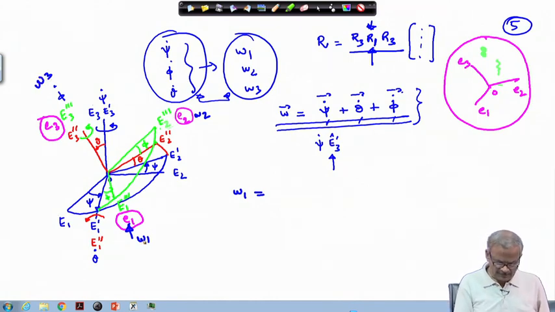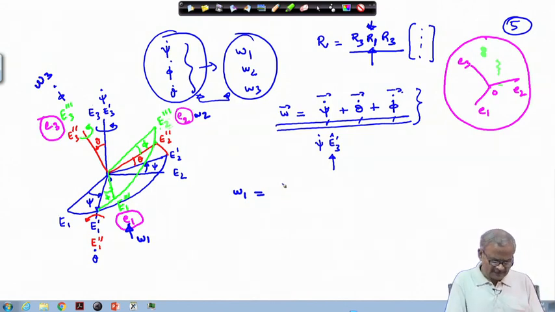So, for omega 1 we need to take the components of psi dot, theta dot and phi dot along this direction, which is from O to E1 triple prime, and in this direction we have E1, written as E1, E2 and E3.